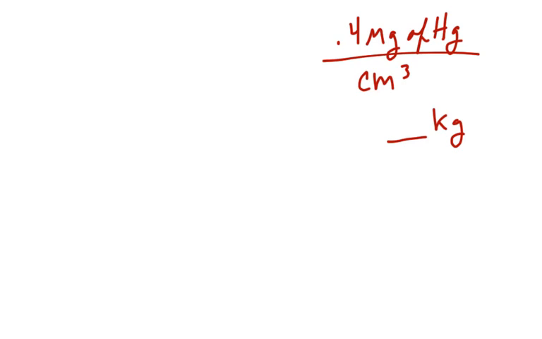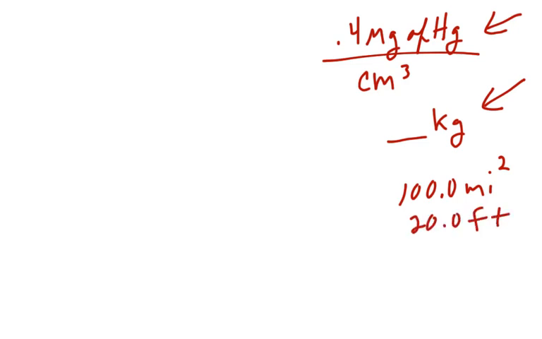And so here's a density, up here's a density, and I'm trying to find a mass. So they must give me something to figure out the volume, and they do. They tell me an area is 100.0 square miles, and the depth is 20.0 feet. And that's not a volume, but I could make it into a volume.